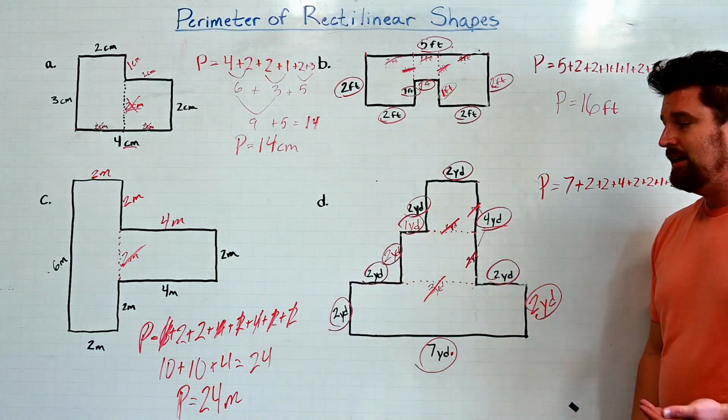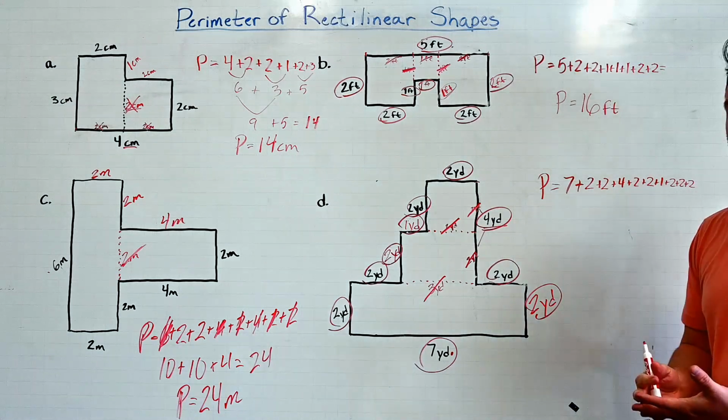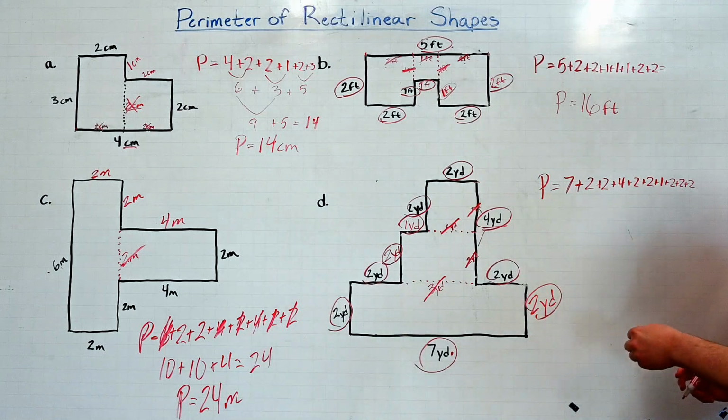So let's see if we can add it all up correctly to find our correct perimeter for this rectilinear shape.